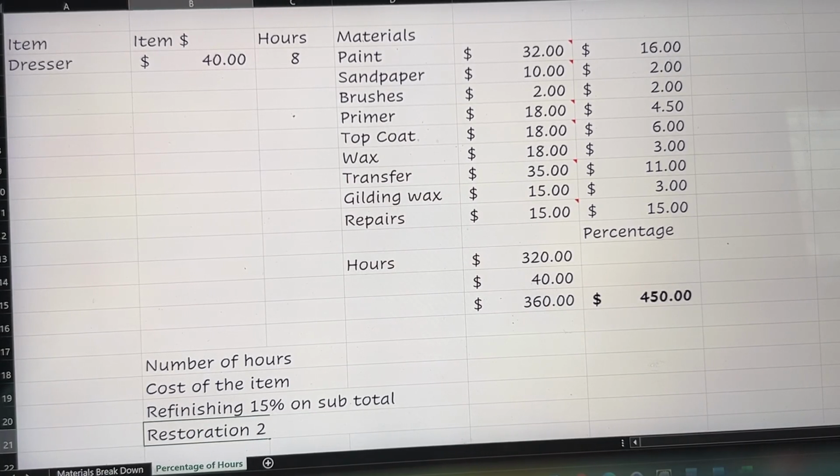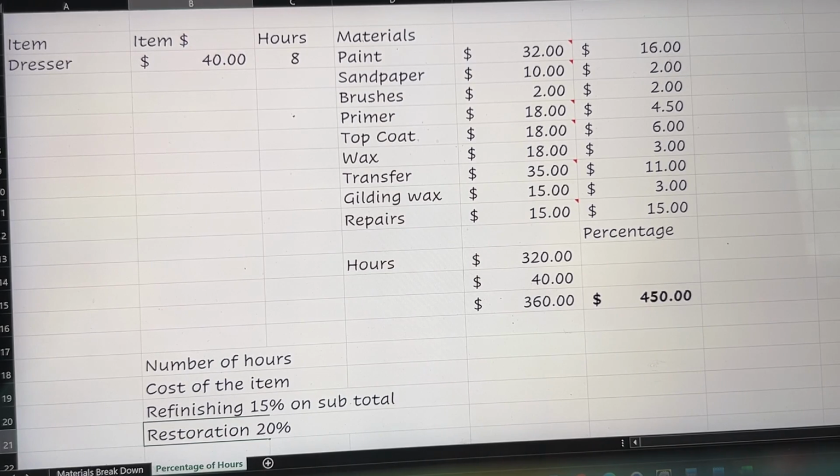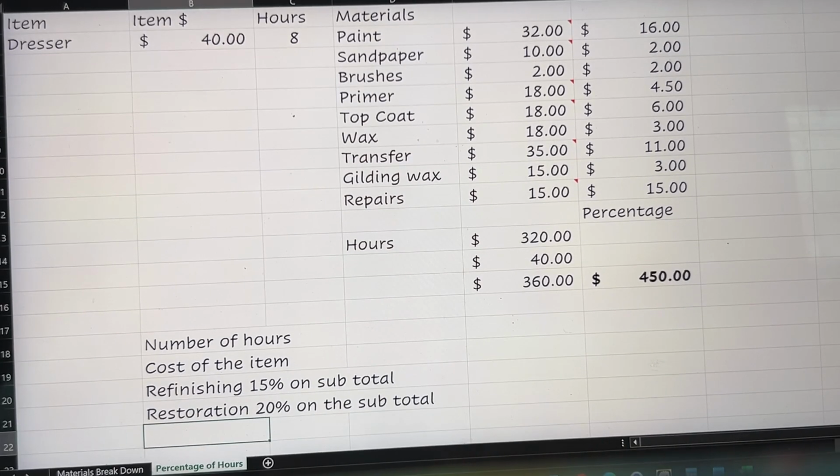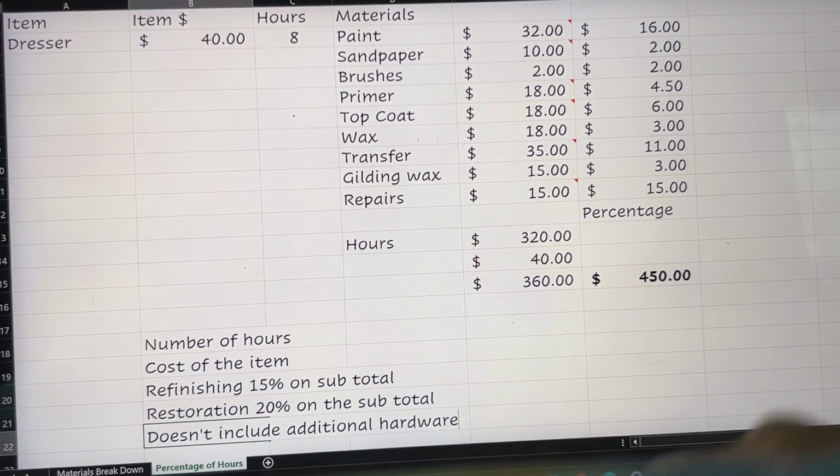Restoration would be 20% on the subtotal. It doesn't include additional hardware, such as casters, drawer pulls, etc.